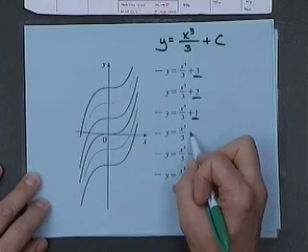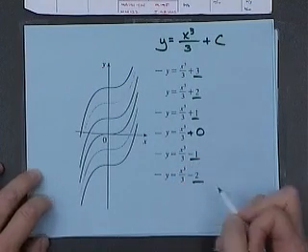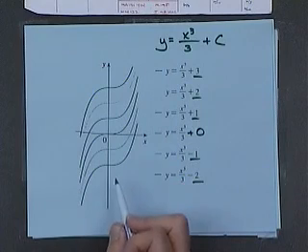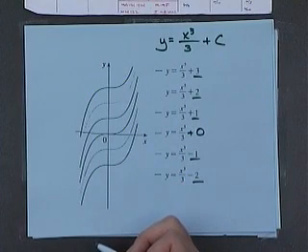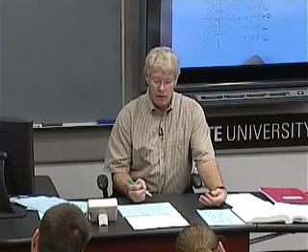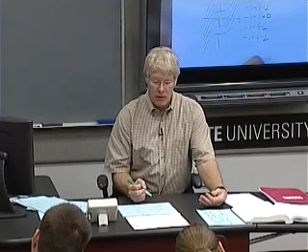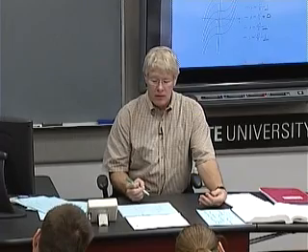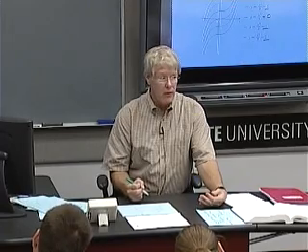Here's our 0. Minus 1, minus 2. These are all antiderivatives of some function. What function? X squared.